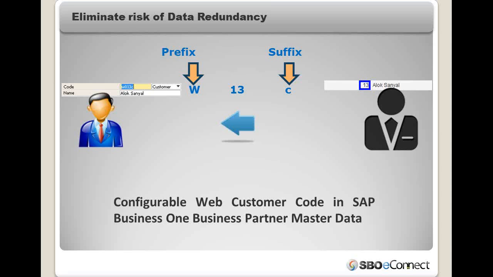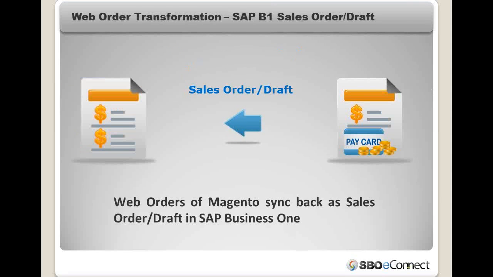So whenever any web customer registered and it generates an automated web customer ID within your Magento e-commerce platform, that web customer ID will be prefixed and suffixed with two different strings that you can configure easily within the connector, and after that it will be synced back to SAP Business One business partner master data. So in this way, SBOeConnect eliminates any chances of data redundancy within the synchronization process.